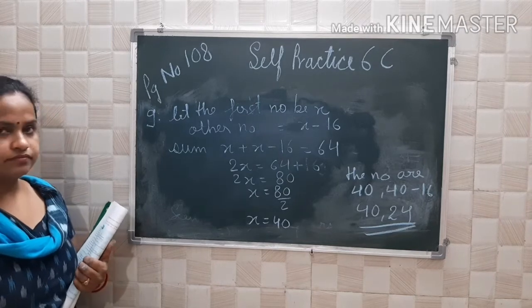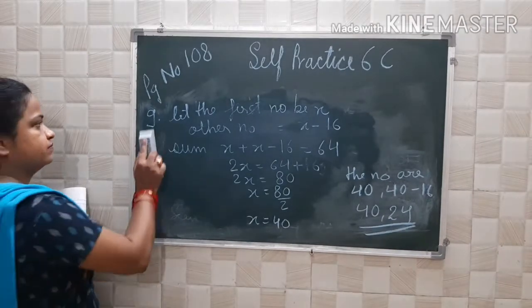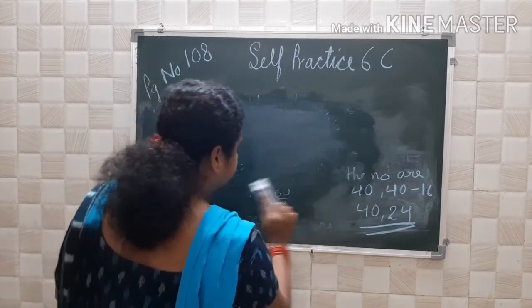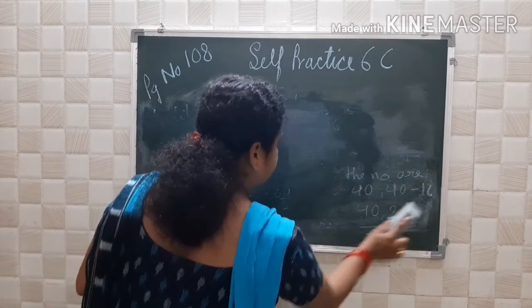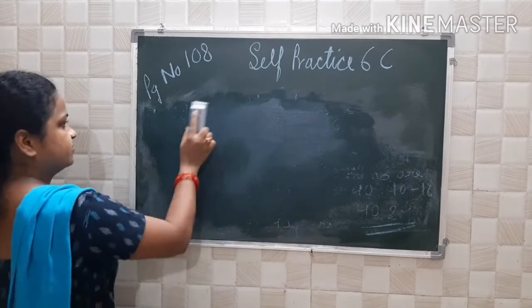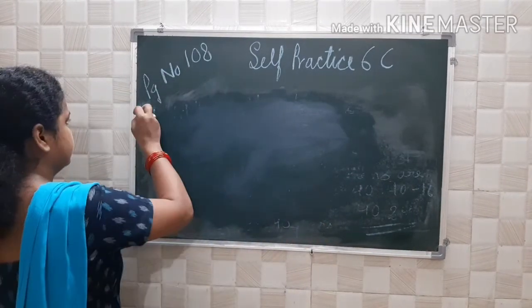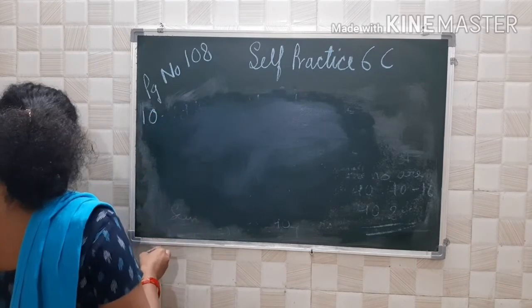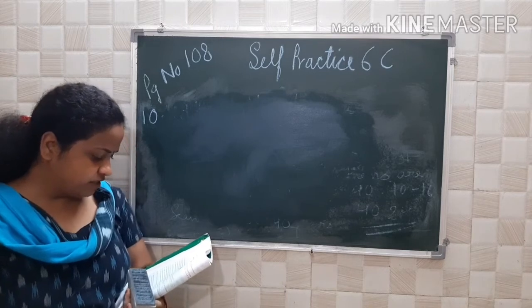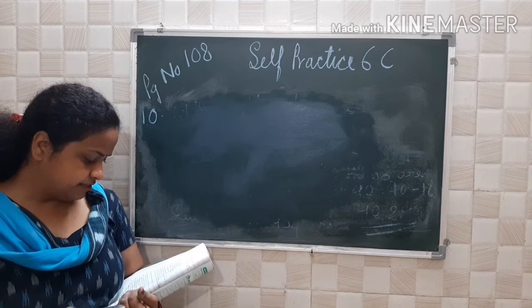Okay, now 10th question. One number is 7 times the other. If 14 is added to the sum of the numbers, the result is 38.